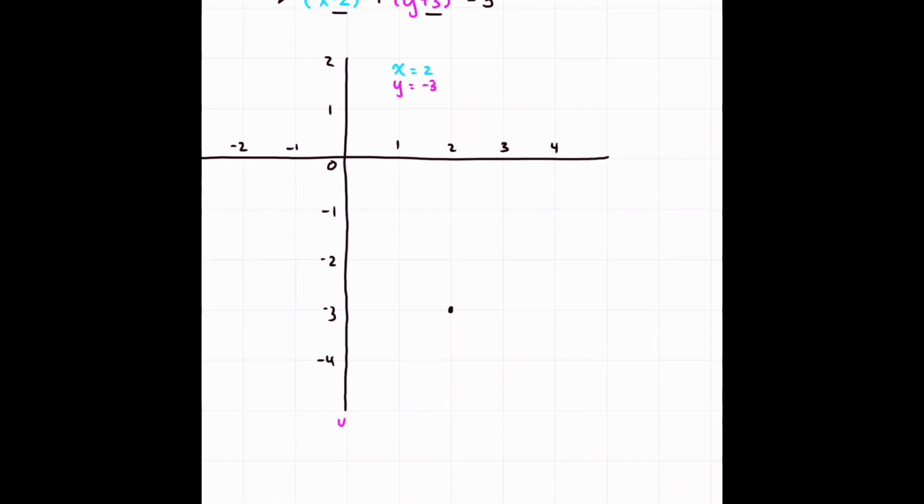So this is our y, this is our x. And it's going to have a radius of 3, so something like this. And that's our circle.